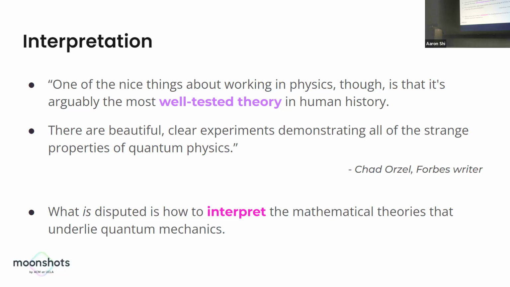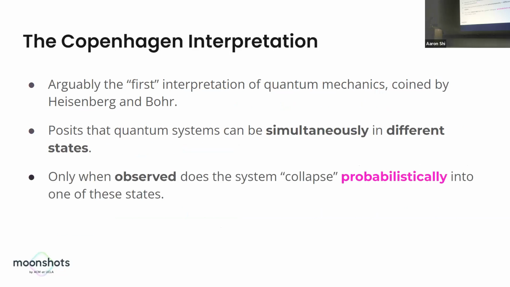So next slide. The specific interpretation that we'll be using is the Copenhagen Interpretation. And this is essentially what I just described, where quantum systems can be simultaneously in different states. And only when it's observed does it collapse probabilistically into one of these states.